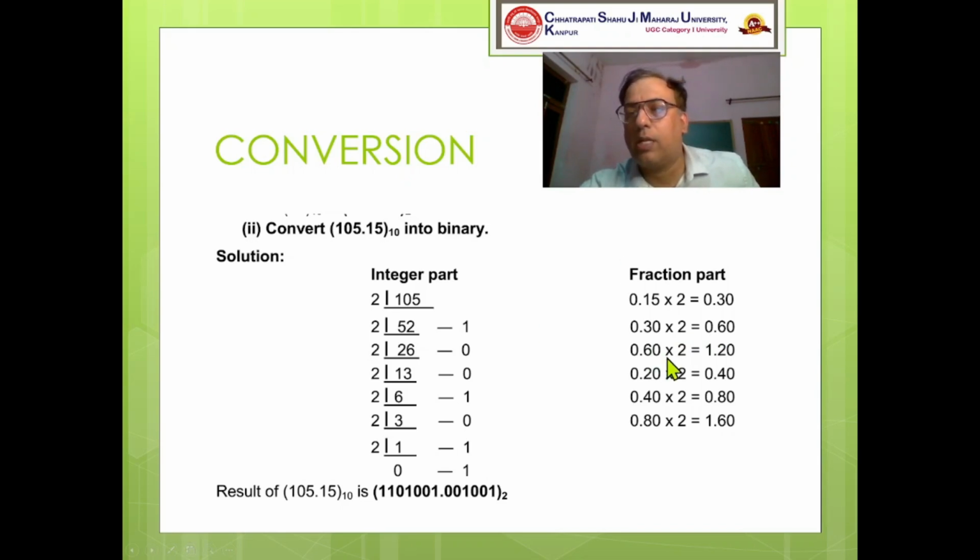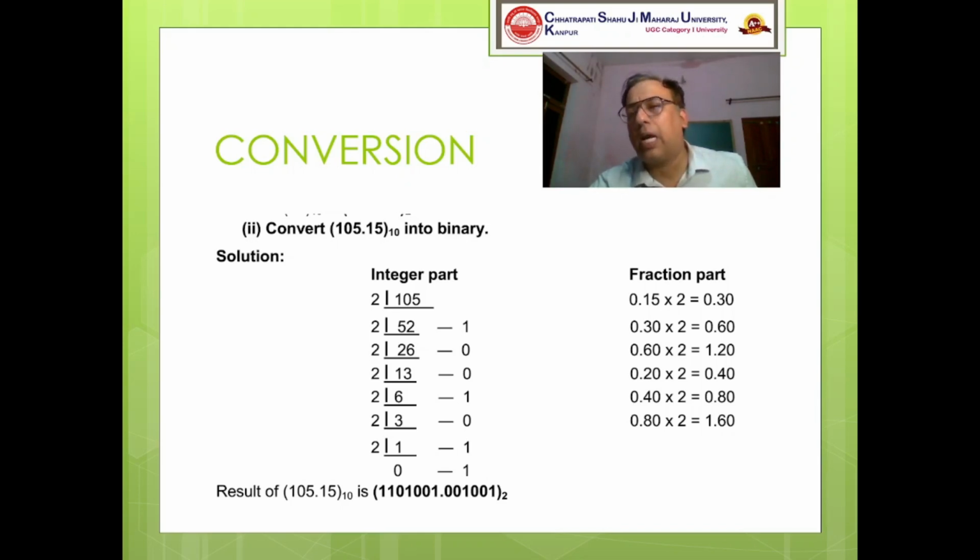Then 0.6 into 2, you get 1.20, 0.20. As soon as you get the 1 in the integer part, you just keep the integer part, and the rest of the fractional part is again multiplied by 2. So 0.40, 0.40 into 2 is 0.80.